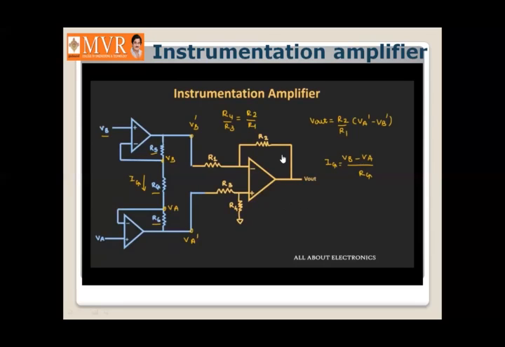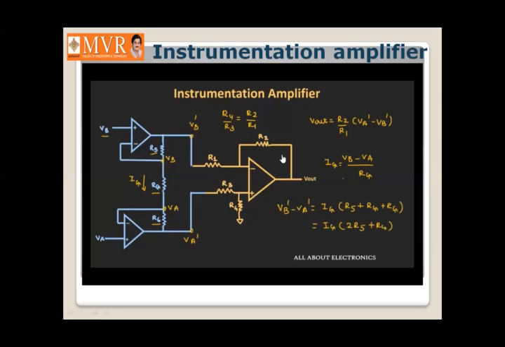And using this we can find the difference between this voltage VB dash and VA dash. So VB dash minus VA dash will be equal to this current Ig times resistance R5 plus Rg plus R6. And if we assume that this resistance R5 is equal to R6, in that case VB dash minus VA dash will be equal to Ig times 2 times R5 plus Rg.